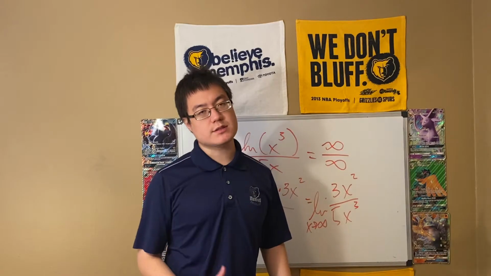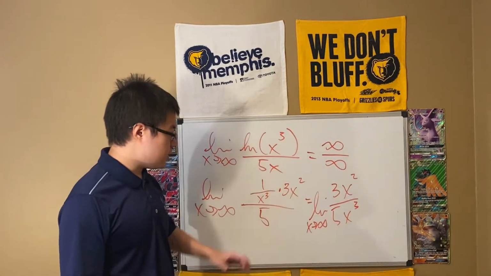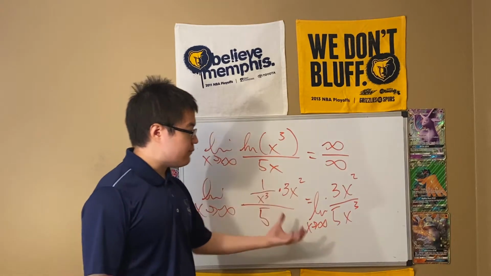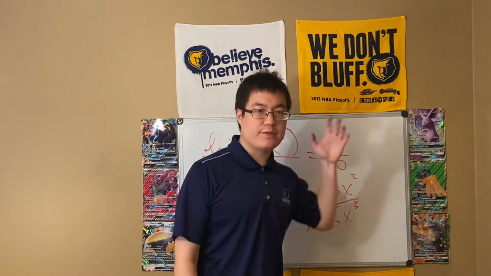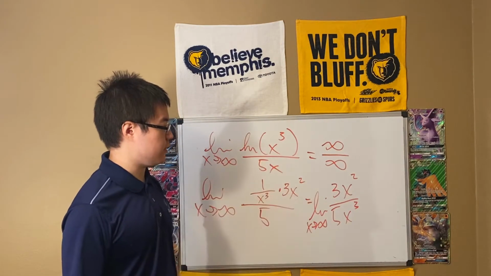So the thing to do is to do L'Hopital's rule again. But one tidbit is to simplify first and then check if you get 0 over 0 or infinity again, because potentially this question could be easier.